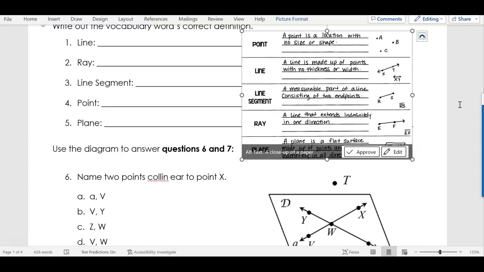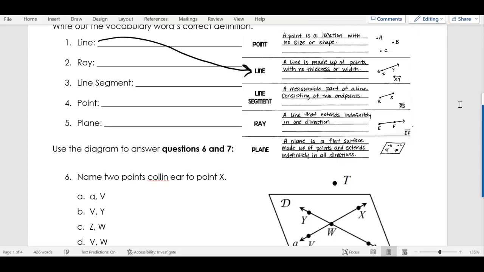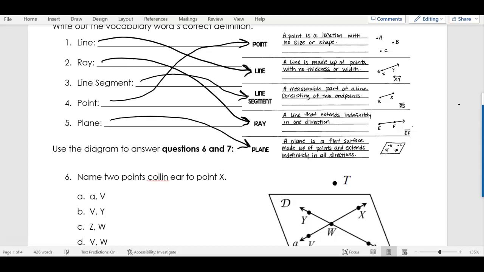So this is the vocab. So a line, you can write that down. For a ray, you can write that down. For a line segment, you can write that down. For a point, you can write that down. And then for plane, you can write that down.